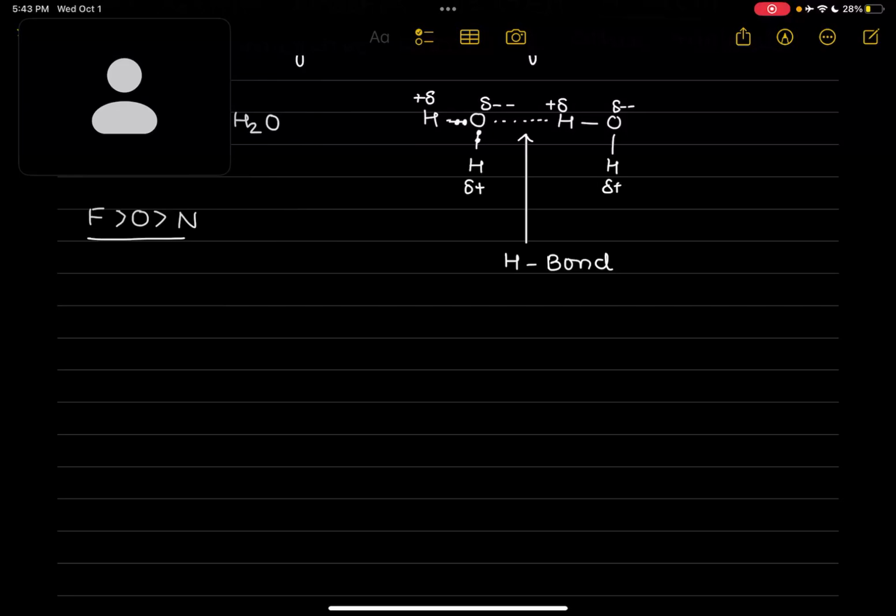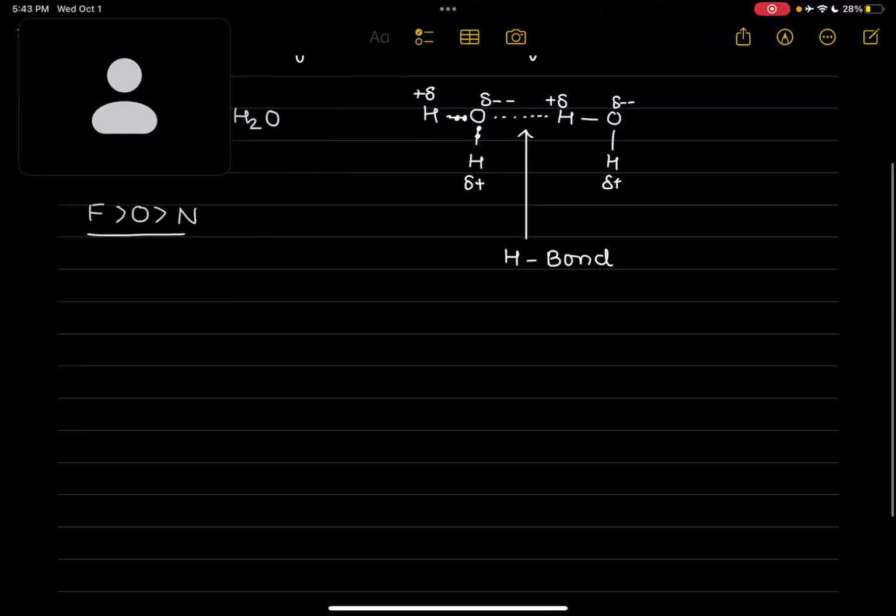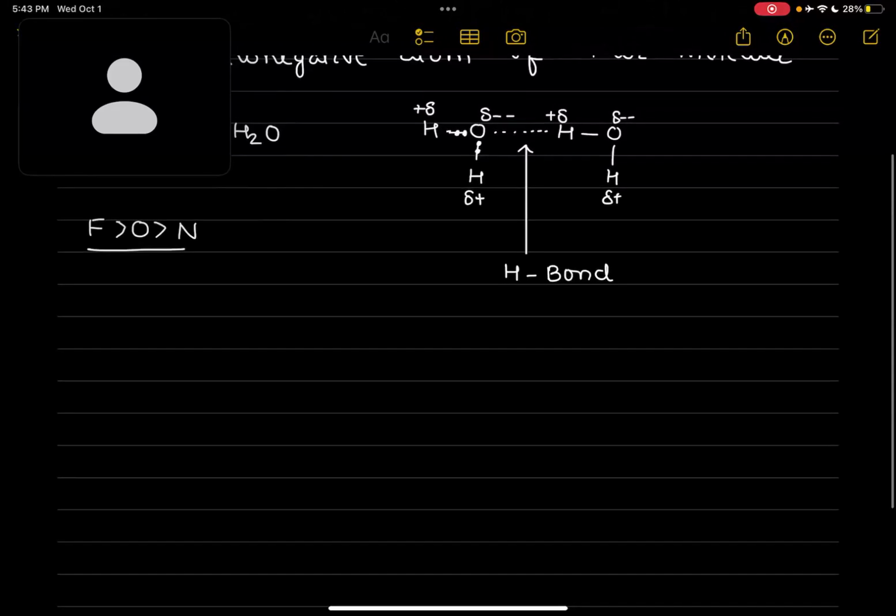Because it will not have positive charge otherwise. It will not be sufficiently positive otherwise. You need to have an electronegative element. Then only the hydrogen will have the positive charge. Otherwise, it will not be positive enough and will not feel the attractive force.